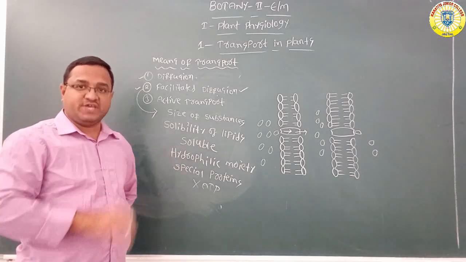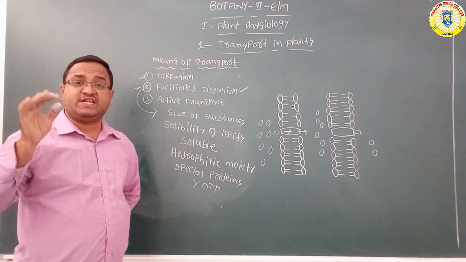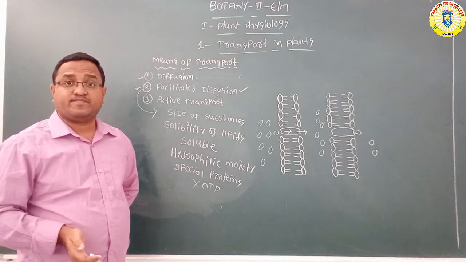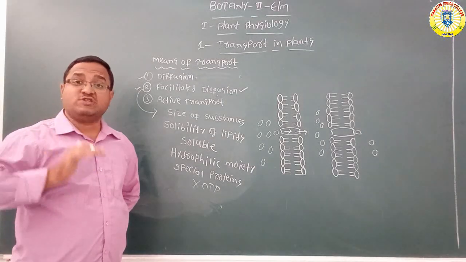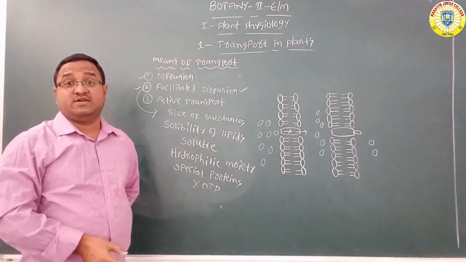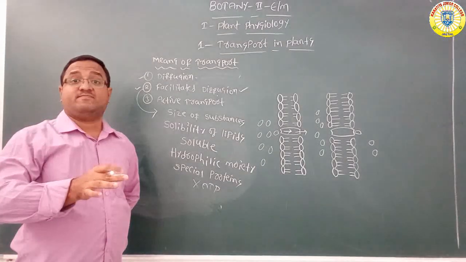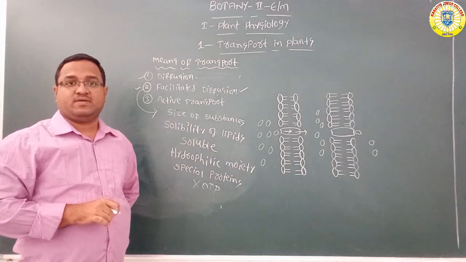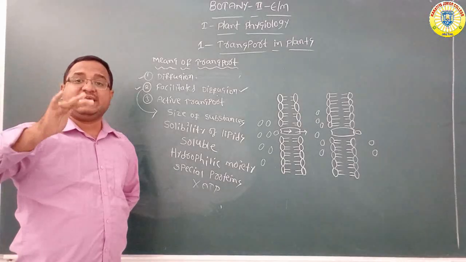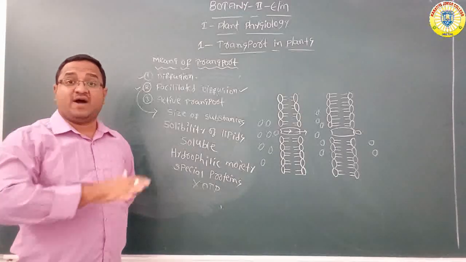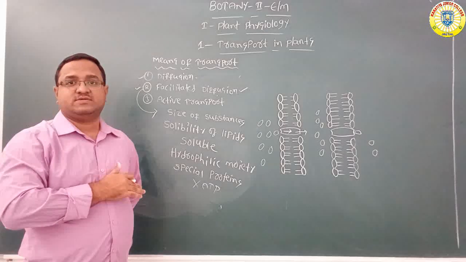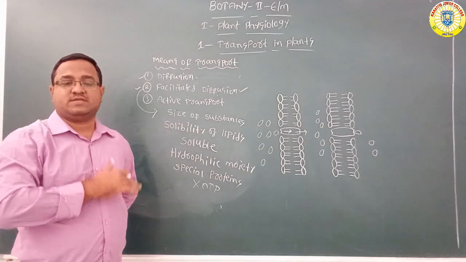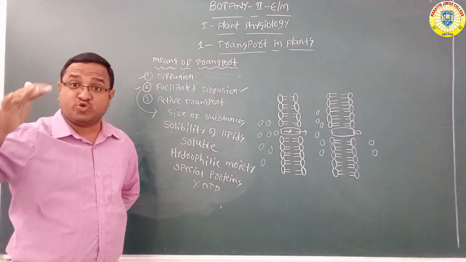But you can remember one more thing here. Facilitated diffusion is not a cause of movement of molecules from low concentration to high concentration. For that, we need energy. Without using ATP energy, with the help of special proteins, the molecules are transported through the membrane.